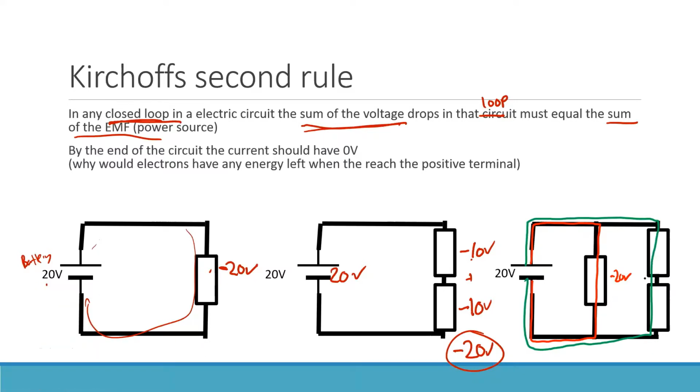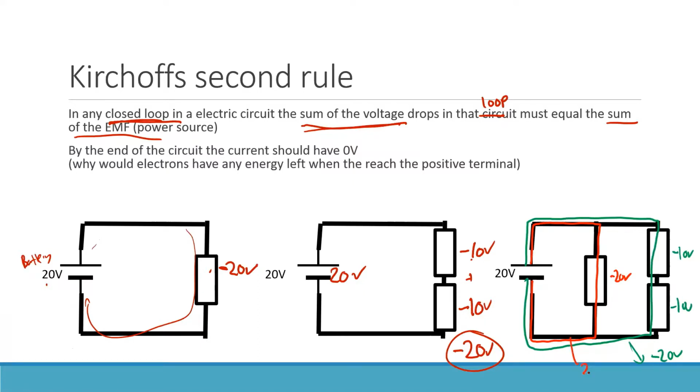And because we've got two resistors, we have to lose 20 volts in total. If those resistors are the same, which I'm going to tell you for this example, they are the same resistance, then they will both lose 10 volts. Because 10 plus 10 is going to mean that's going to lose 20 volts. And the red line is going to lose 20 volts.